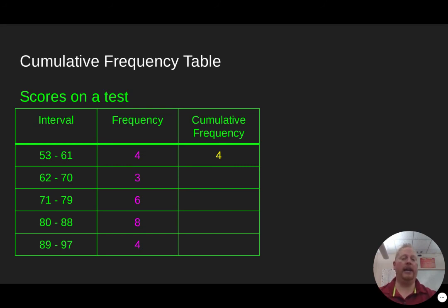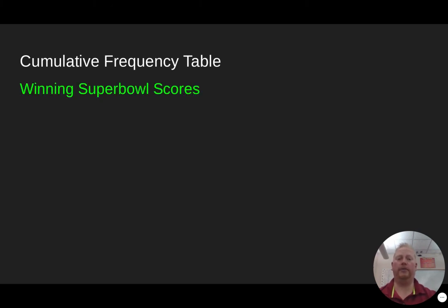Then for the next one down, we take the 4 that we just counted plus the 3 in the second interval, which makes 7. Then 7 plus 6 makes 13, then 13 plus 8 makes 21, and then 21 plus 4 makes 25. And there's our cumulative frequency table.